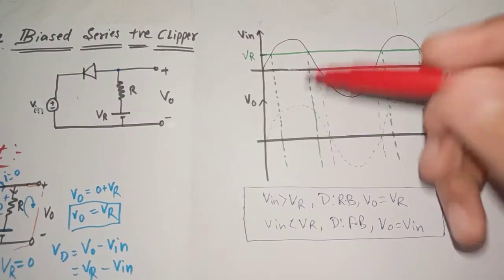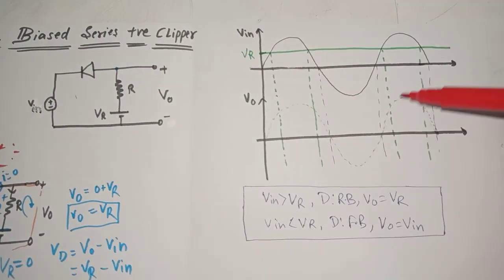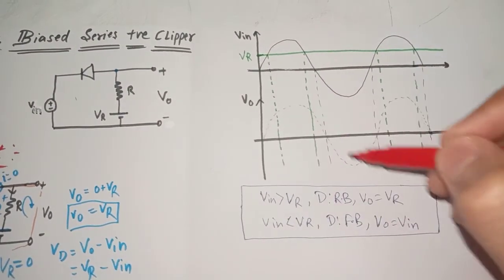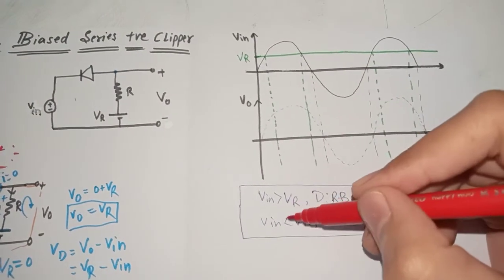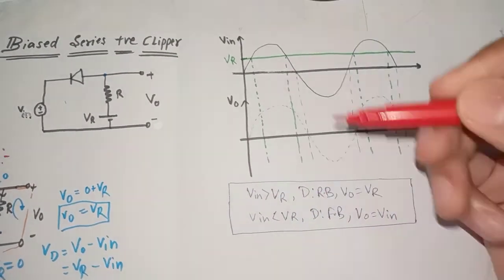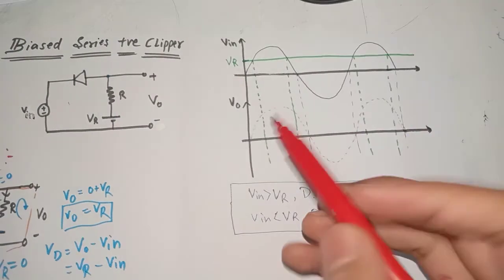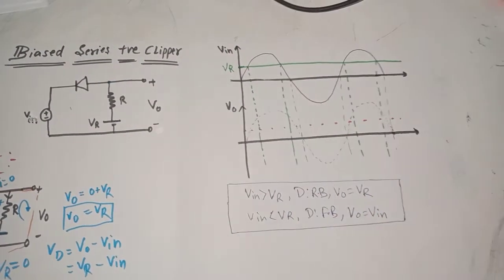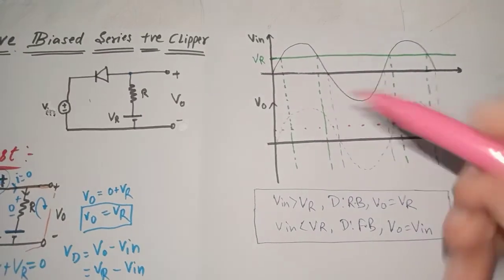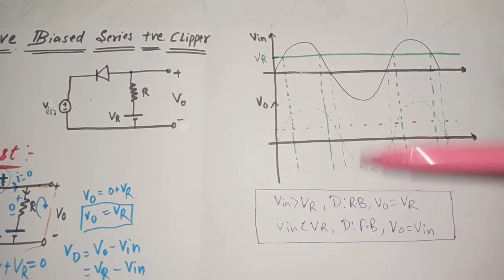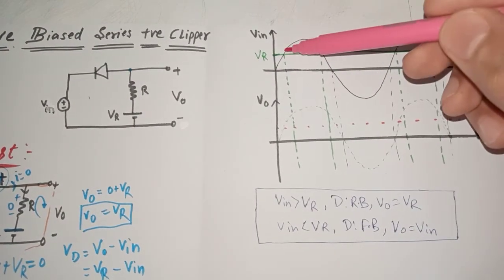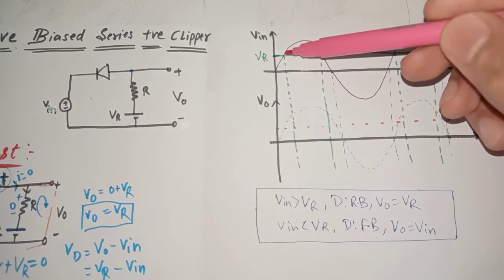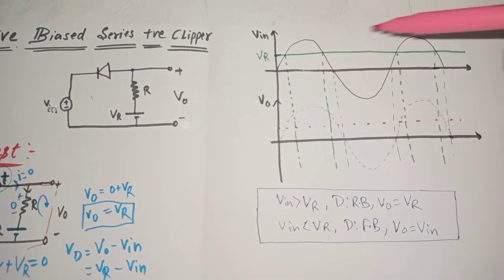So now guys, as you can see, I have drawn the similar input waveform here, these dashed lines. So now when Vin is greater than VR, so consider that this is VR, okay. See, in this part of the waveform, Vin is greater than VR, right?